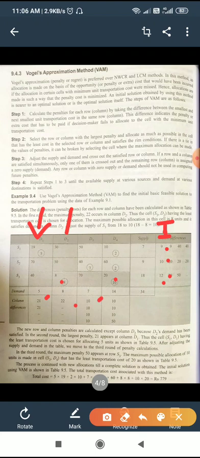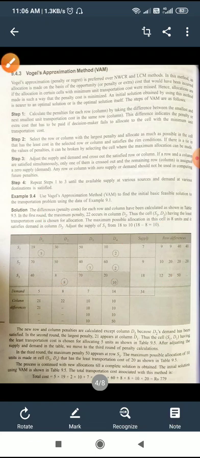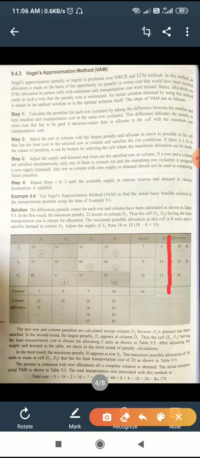And in the next, 10 and 20, this is 10. So we find the row penalties 9, 10 and 12, and the column penalties 21, 22, 10, 10. The largest value among these penalties is 22.